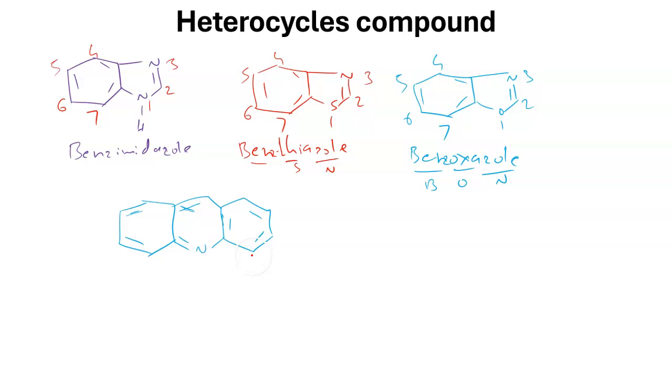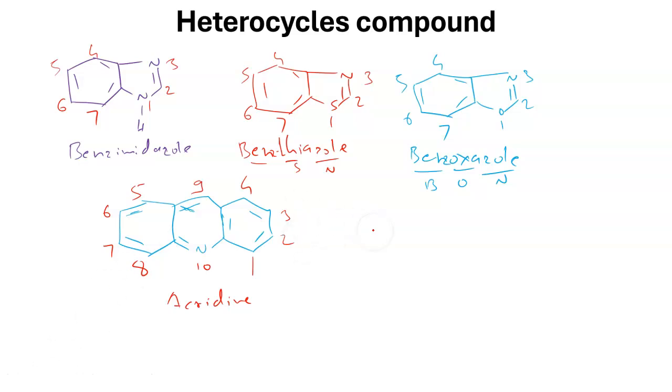Numbering will start again. There is an exception in this case also, that numbering does not start from the nitrogen. It will start from the carbon: 1, 2, 3, 4. Leave this carbon in between: 5, 6, 7, 8, 9, 10. So the last will be the heteroatom, and this structure is of acridine.